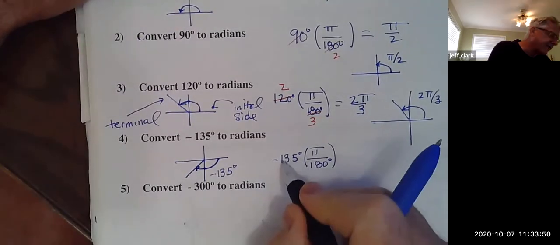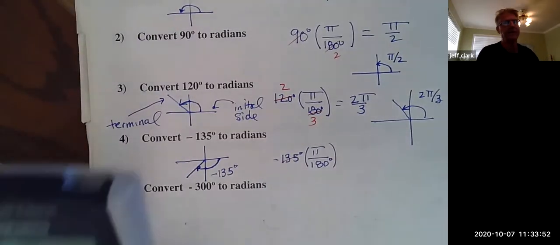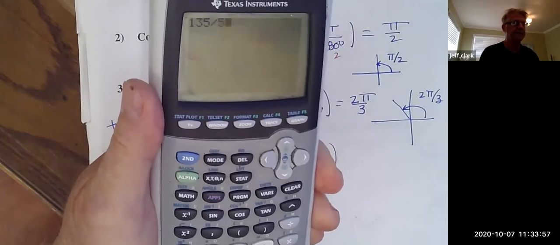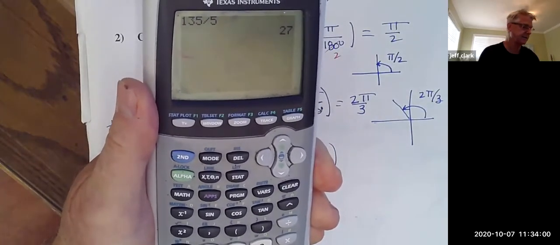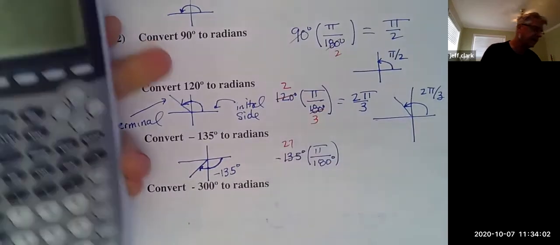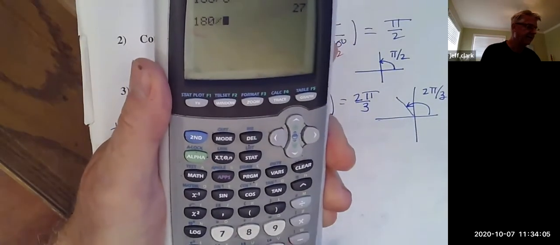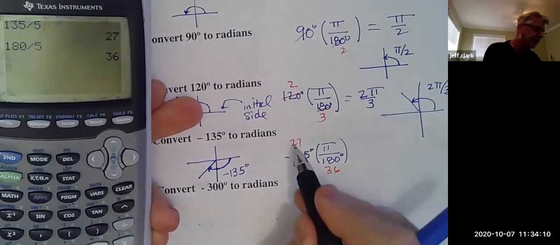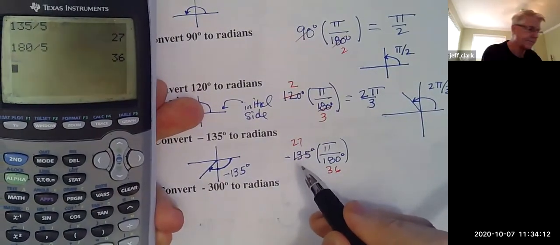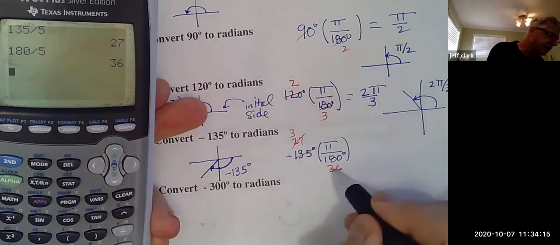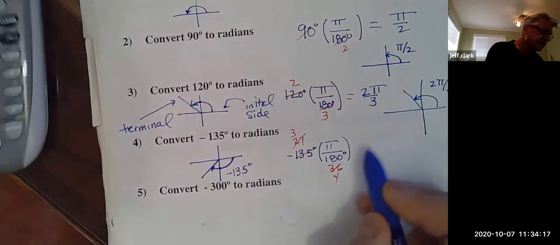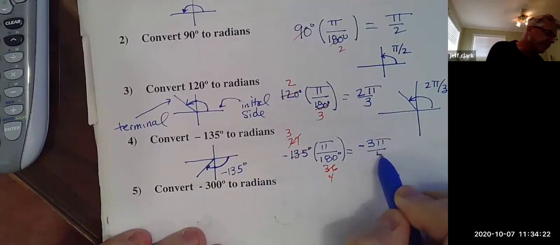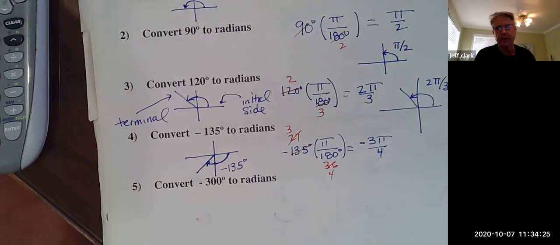Let's start with 5. 135 divided by 5. Okay, 27. So 27 here. 180 divided by 5. 36. Oh, I recognize 9 goes into both of them. So 9 into this is 3, 9 into this is 4. So it feels like negative 3 pi over 4 is the radian measurement, which is true.